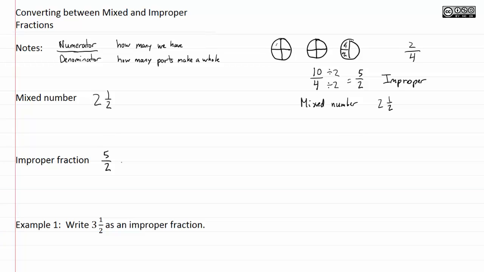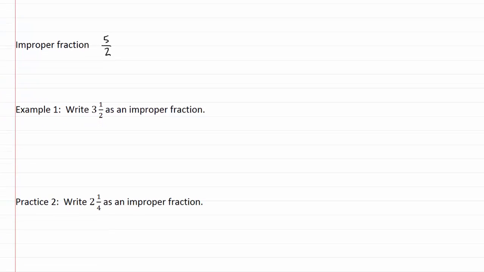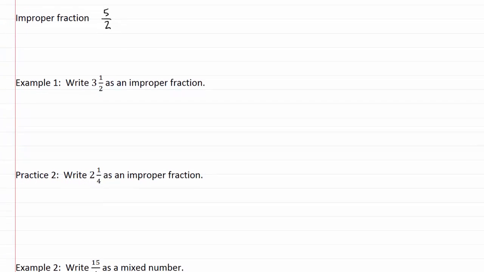So a mixed number, you're going to have how many wholes plus your fraction. And the improper, you're just going to figure out how many parts you have over how many make up a whole. So this will make a little bit more sense as we continue working. So in example 1, it says write 3.5 as an improper fraction.